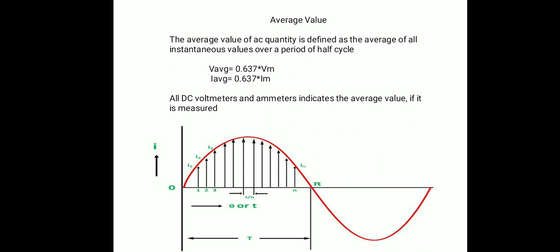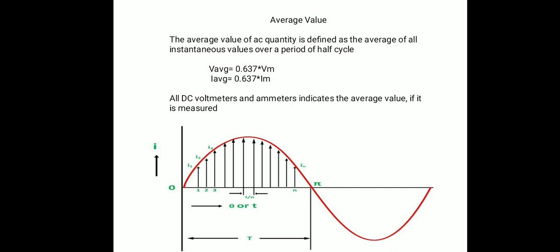We can see in the diagram that the average is taken over only a half period of the cycle. We cannot take the average over the full cycle, that is the positive half cycle as well as the identical negative half cycle, because each instantaneous value in the positive half cycle has an equal but opposite polarity value.